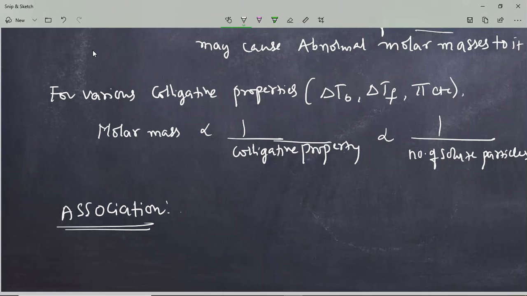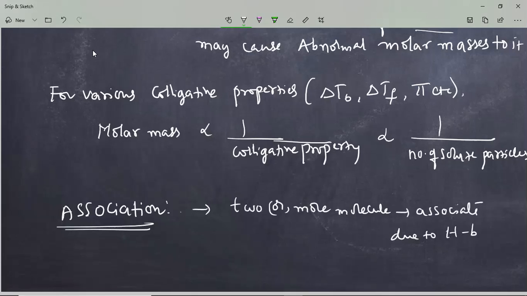So in this association case, two or more molecules associate due to some peculiar bonds, like hydrogen bonding.